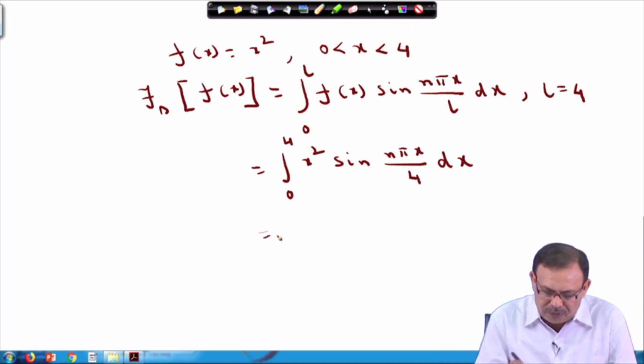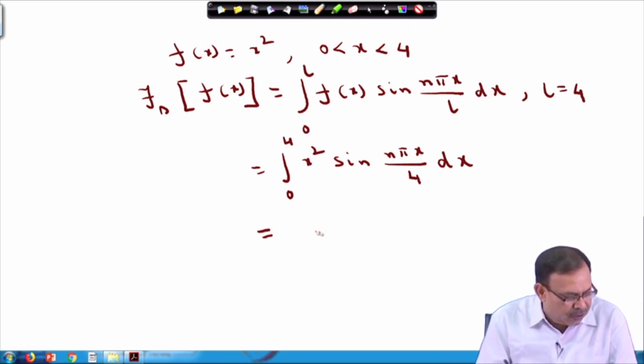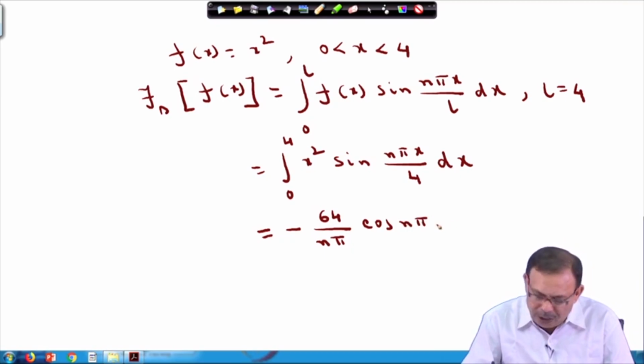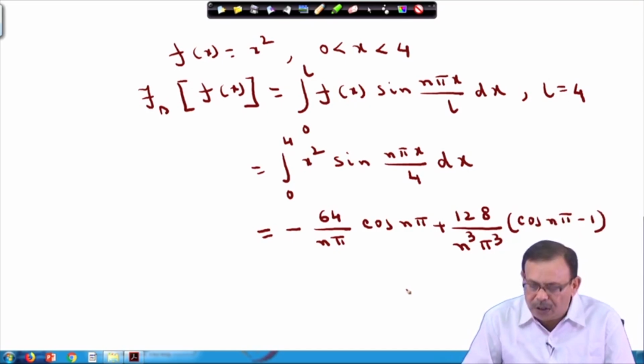So, the result I am directly writing as minus 64 by n pi into cos of n pi plus 128 by n cube pi cube into cos of n pi minus 1. This will be the result.